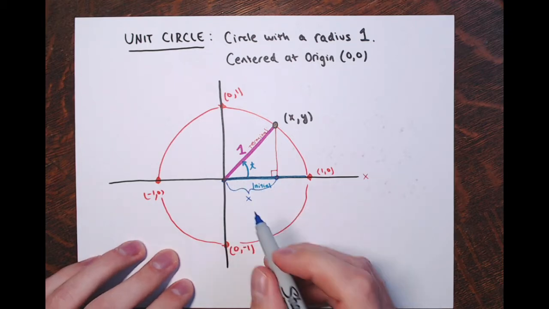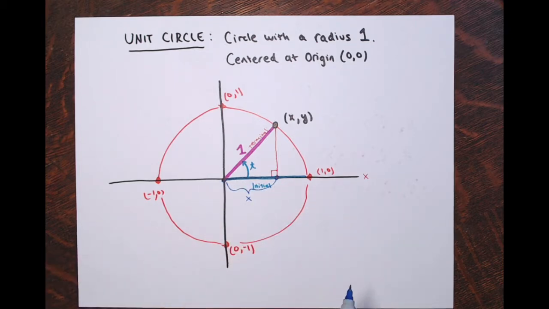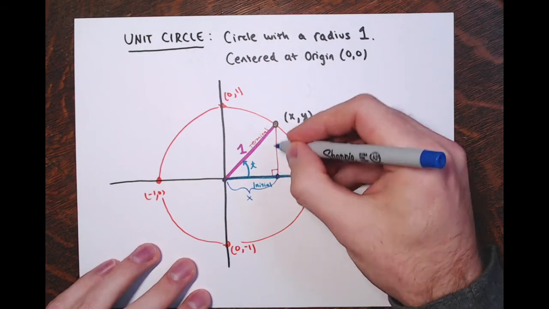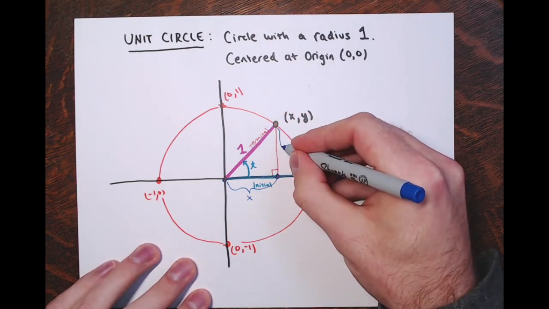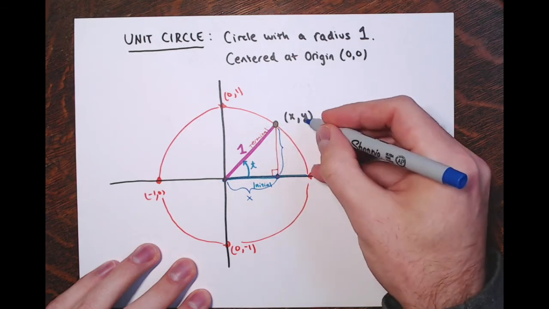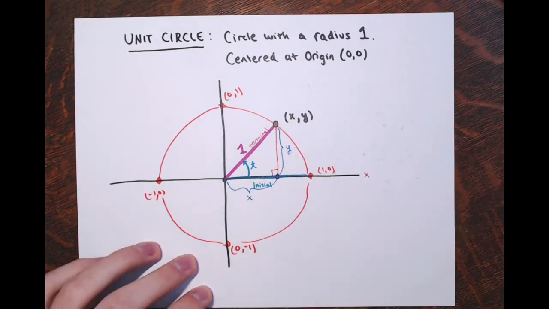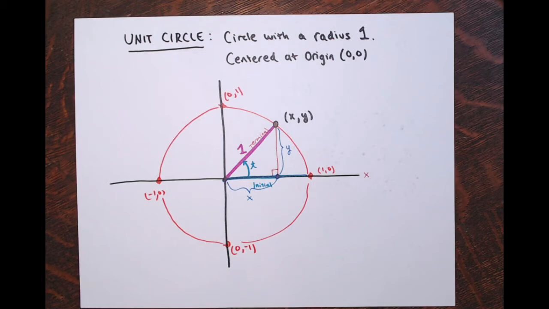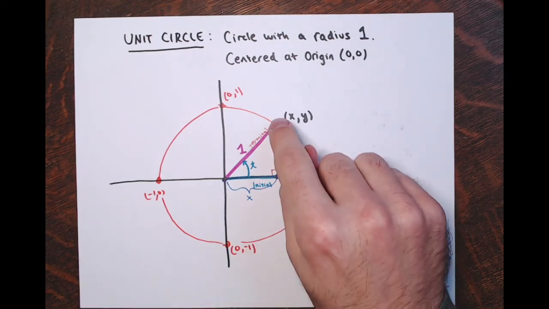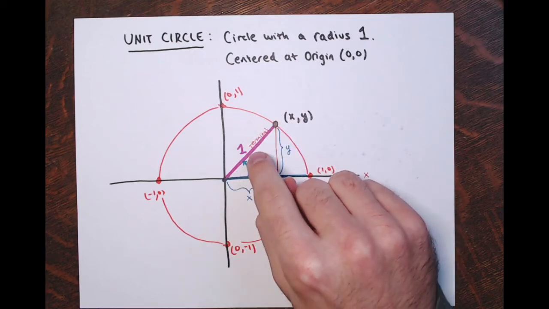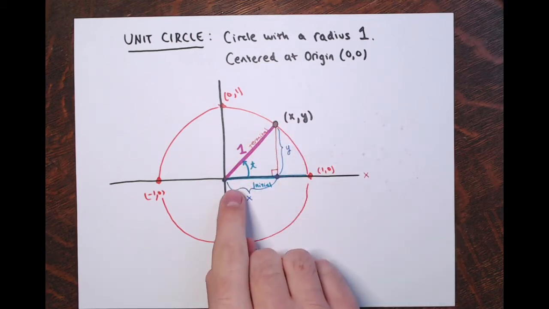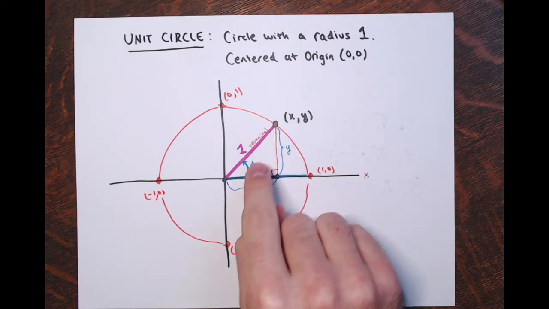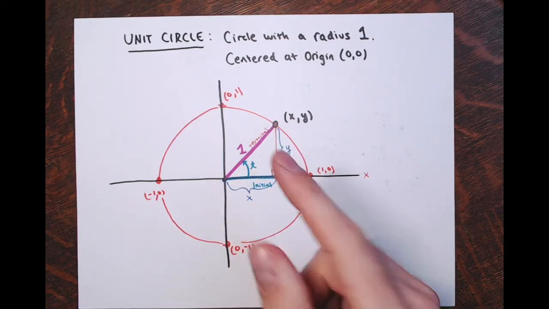Remember, x coordinate is left and right. And then going from below the point on the circle upward, going up and down to a point, that's the y coordinate. So I have this right triangle where the hypotenuse is 1 unit long, the hypotenuse is the radius. Then one leg is of length x units, the other leg is of length y units.